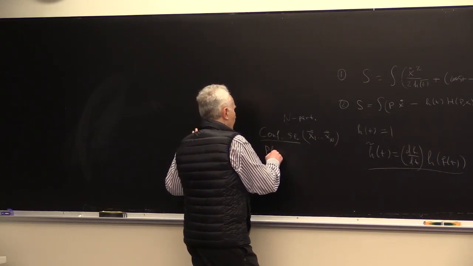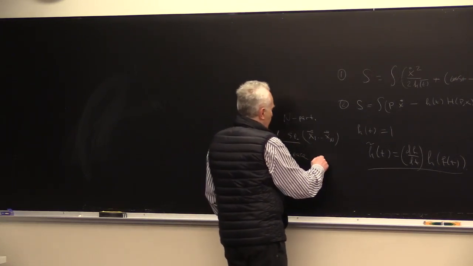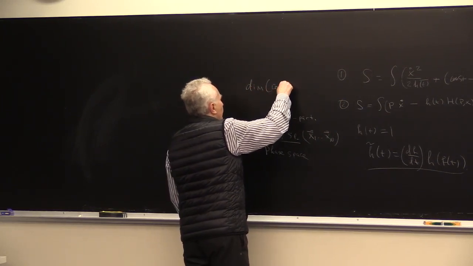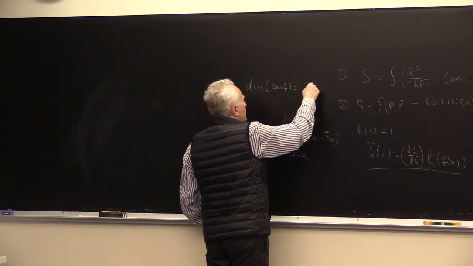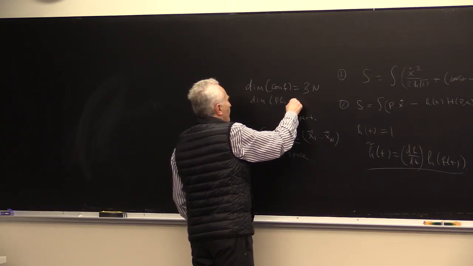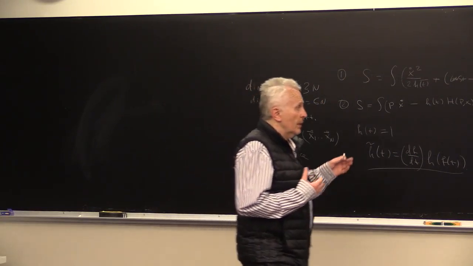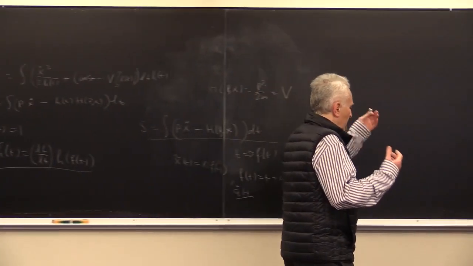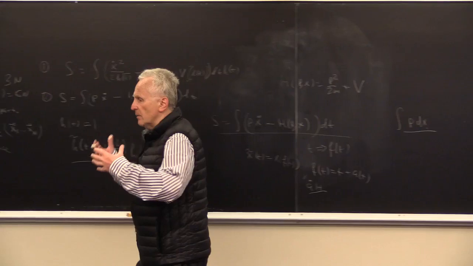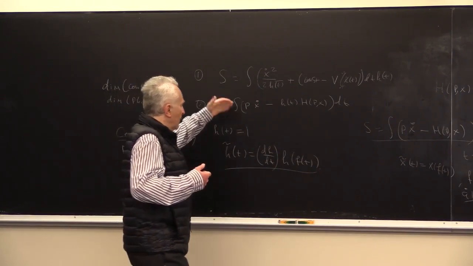The phase space has double the dimension. So the dimension of configuration space is 3n, while the dimension of the phase space is 6n. It's momenta and coordinates. And as I will show you today, it's very useful sometimes to visualize the motion of a complicated system of many particles as a motion of a single particle in the phase space.